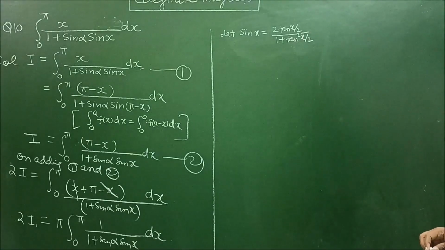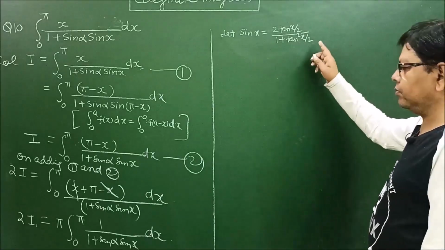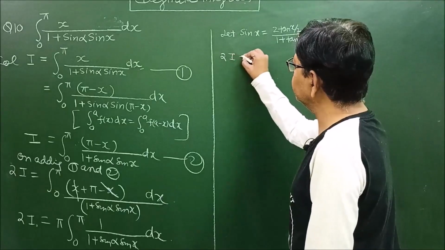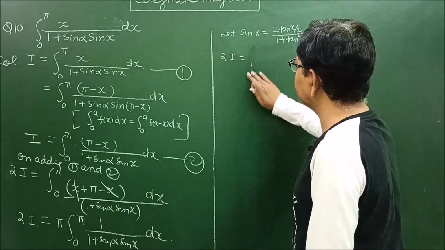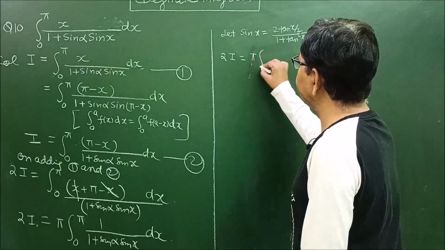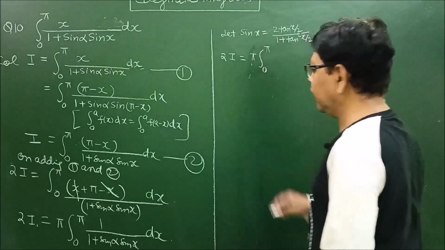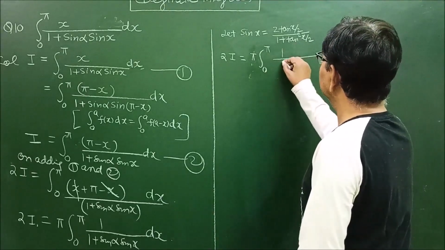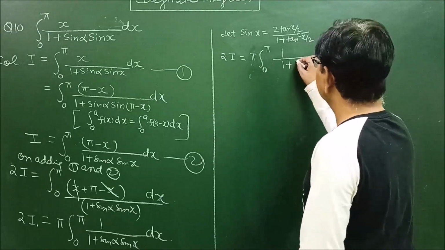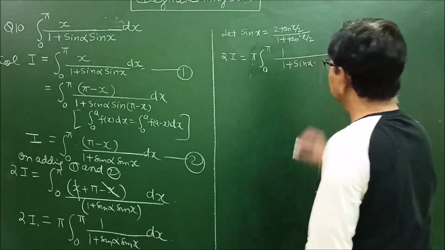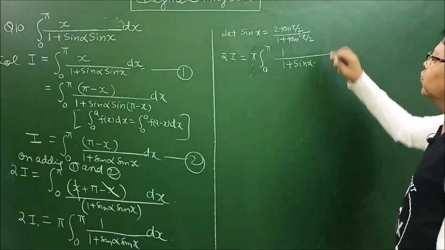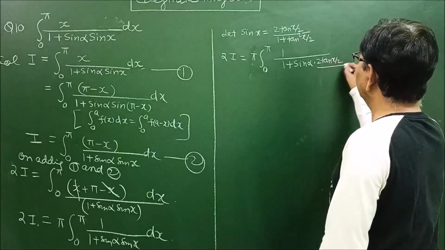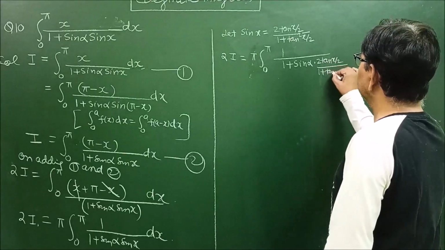So putting the value of sin x equal to 2 tan x by 2 upon 1 plus tan square x by 2, we get 2I is equal to pi outside, integral 0 to pi, and 1 upon 1 plus sin alpha into 2 tan x by 2 upon 1 plus tan square x by 2 dx.